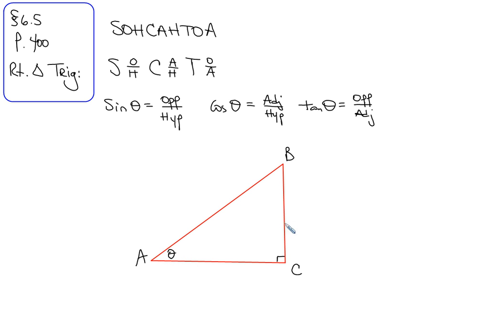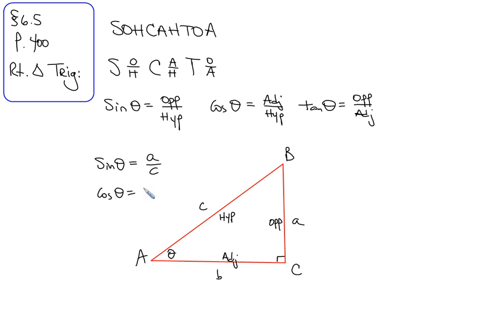And so if this is my theta, this would be my opposite side. This is my hypotenuse. What's left is the adjacent side. So across from theta is the opposite. Across from the 90 is the hypotenuse. What's left is the adjacent. So if I call this little a and little b and little c, then we know that sine of angle theta would be equal to opposite over hypotenuse.